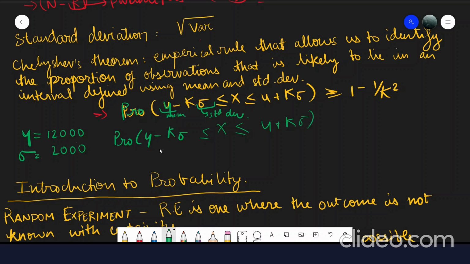Over here mu, as we all know, is 12,000, minus k. Now k is a constant here. So the mean here is mu and the standard deviation is 2000.